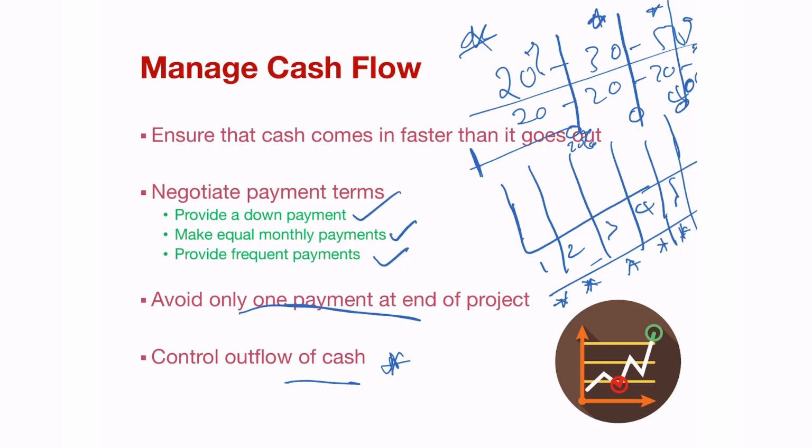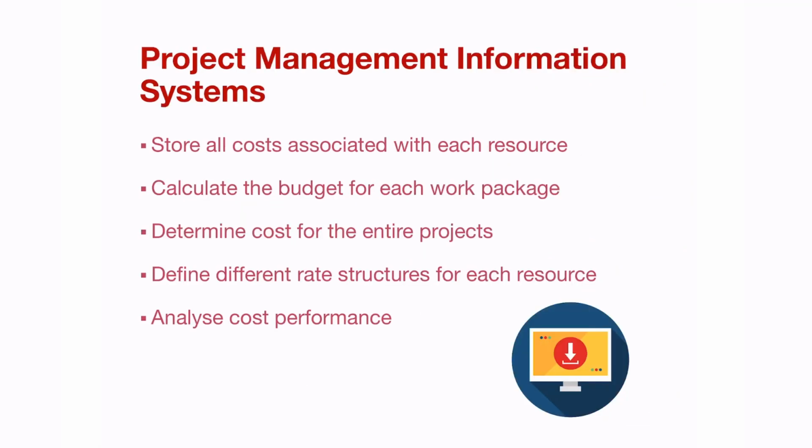This is one of the most important parts of managing your project, and software can help with it. You can store all the costs associated with each resource in the software. You can calculate the budget for each work package, and this is the beauty of some of the software you can use. It is very much a budgeting tool and a tracking tool of expenses as well.